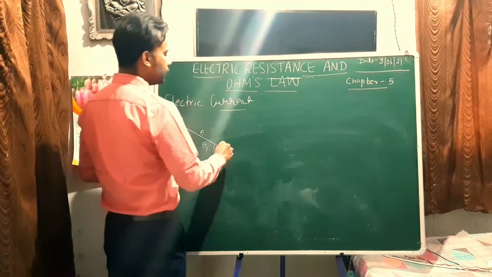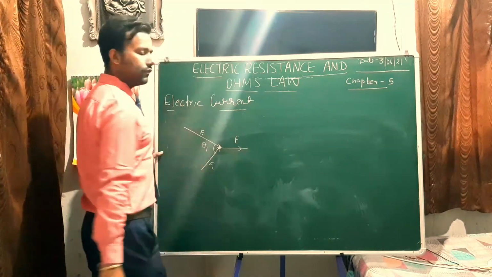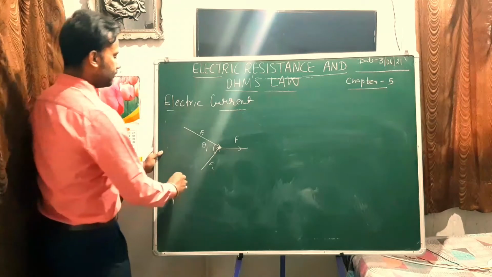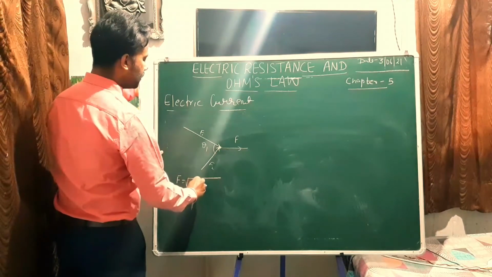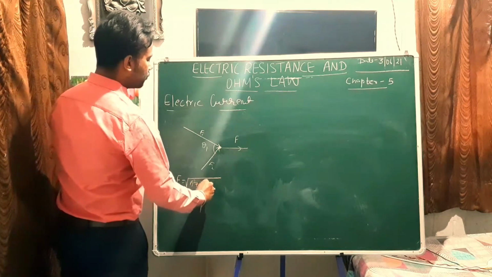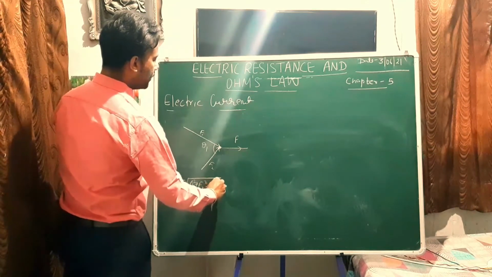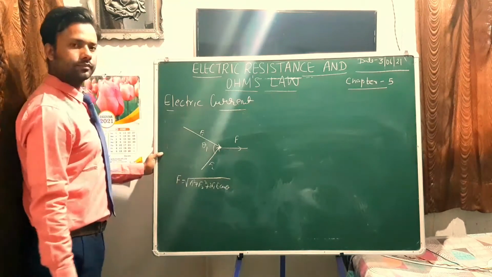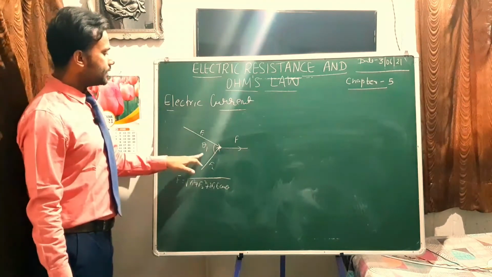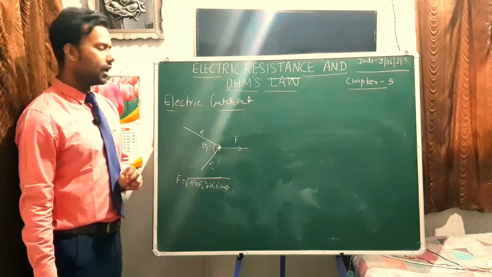The resultant force F we can find by F equals the square root of F1 squared plus F2 squared plus 2 F1 F2 cos theta, right? Now if we change the value of theta, what will happen?